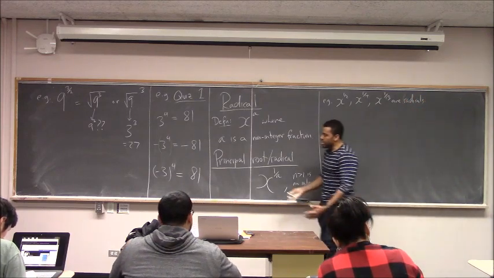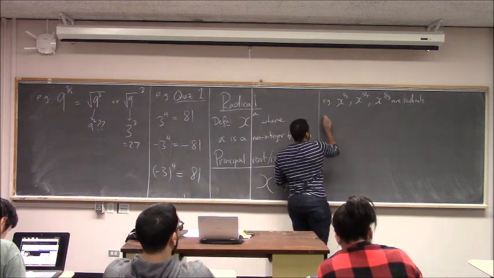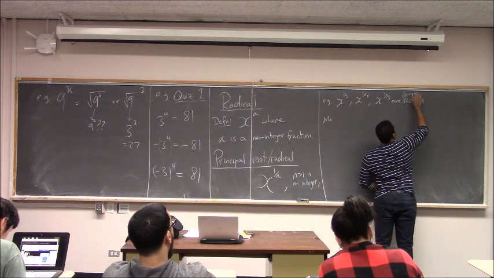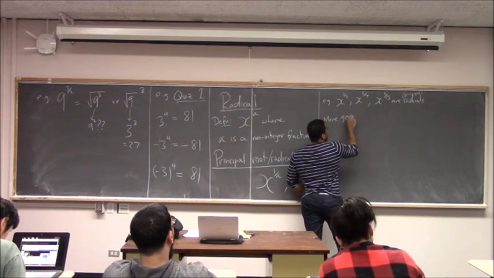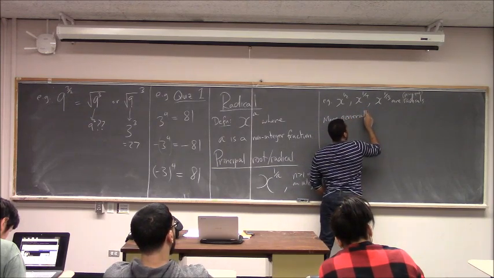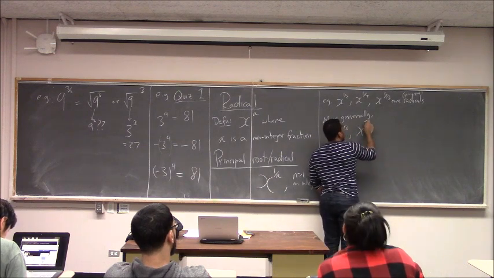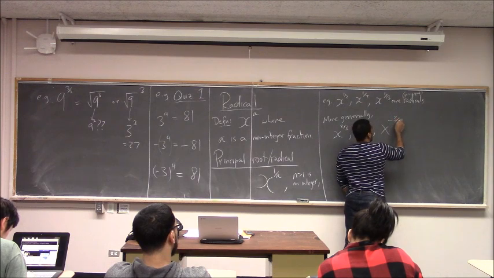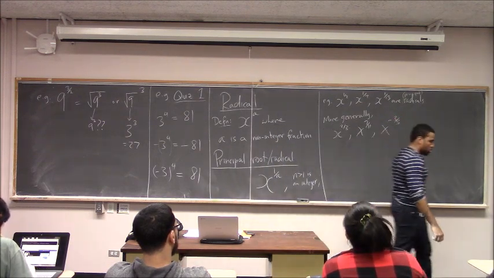And more generally, you can think of anything to a fractional power that doesn't reduce to an integer as a radical. These are more like called the principal radicals, but more generally you can call any such thing a radical. So you have x to the 2/3, x to the 7 over 11, x to the minus 3 over 5. These are all also considered radicals in a more general sense.